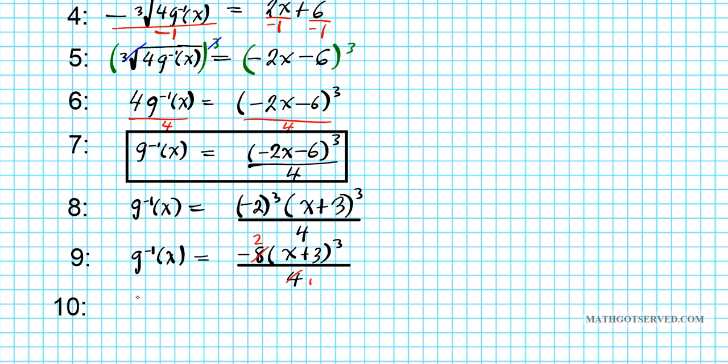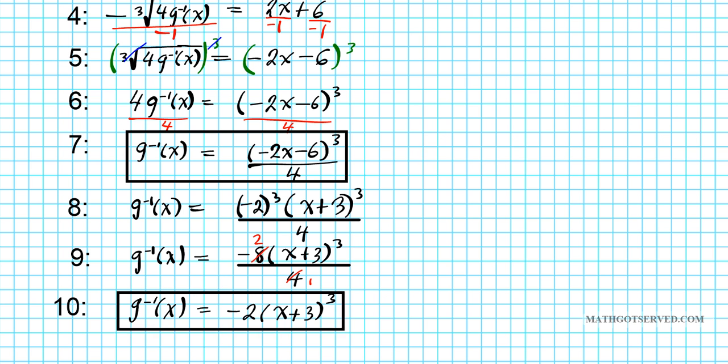And our inverse, g inverse of x, is -2 times x plus 3 raised to the third power. Okay, so this is the answer in the completely simplified form. This answer is also good, but it could be simplified further to arrive at the result in line 10. Okay, so this is the inverse of g of x.